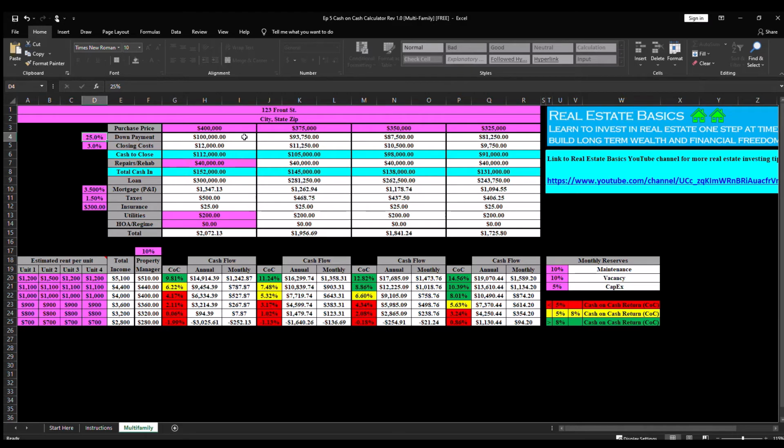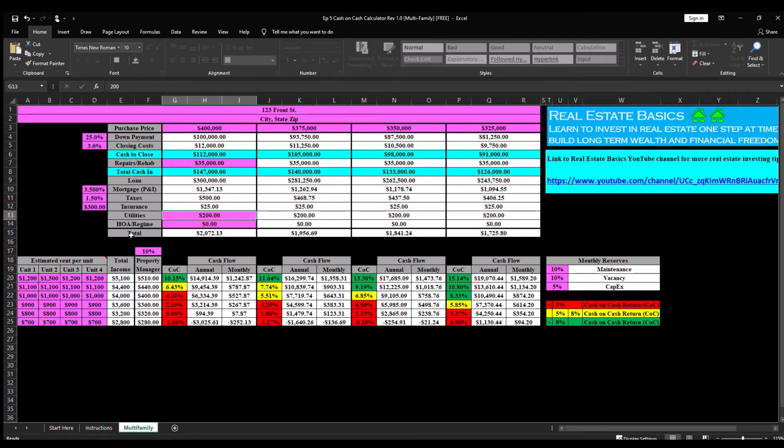That's just your down payment plus your closing costs. If you expect to do any repairs or rehab to the units, go ahead and put that here. You only need to put it in once because the other cells will grab the value for you. Then you see our total cash in is right below that. That's just adding our cash to close and our repair / rehab value.